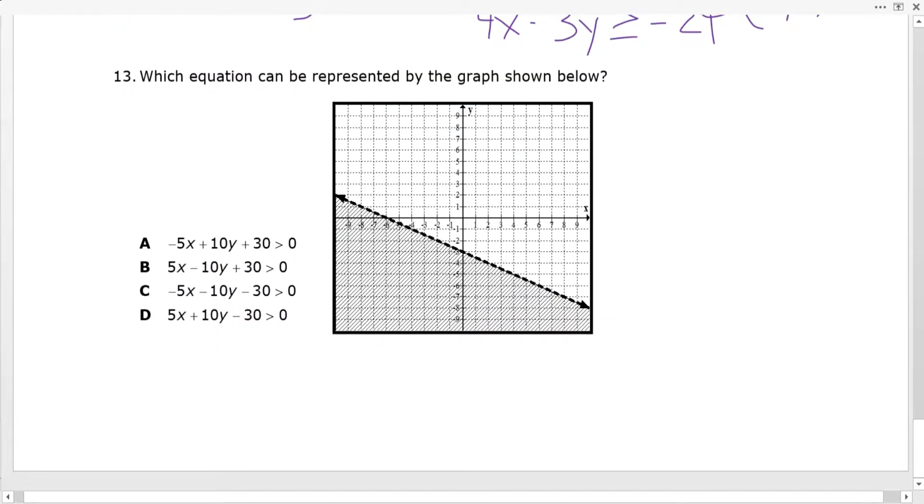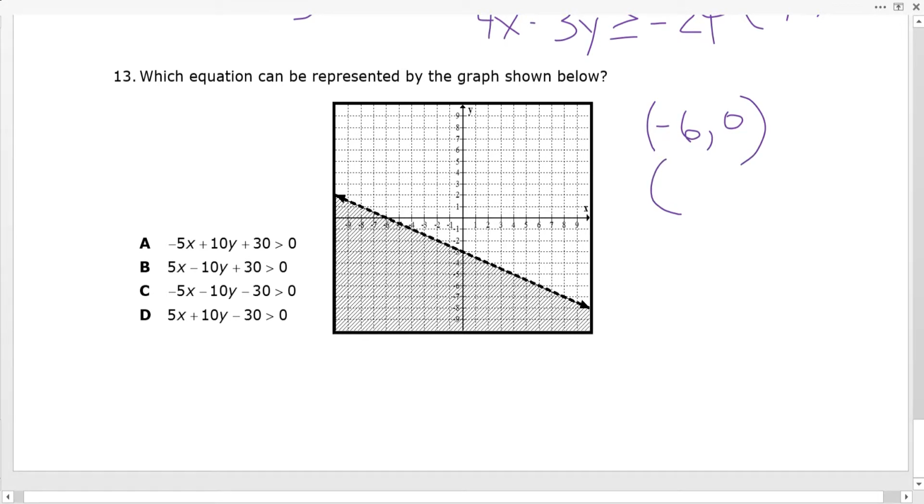Okay, let's look at the last one. If you'll notice in this equation, it's not really even standard form because everything's over on the left-hand side and nothing's really on the right-hand side. But let's look at our graph, and I see that I have a point at -6, 0.